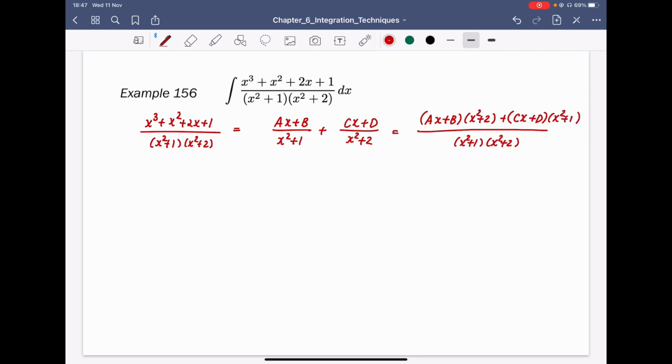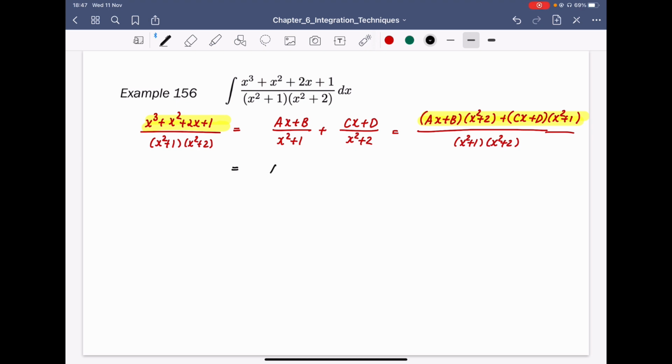Because we have 4 unknowns and the term on the numerator is not that complicated, I can expand it. So for this question I'm going to try to expand and compare coefficients. Just switching the way so you can see something different. So I am going to expand that on the top.